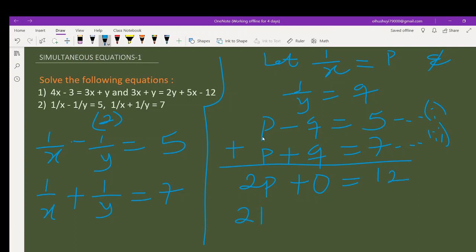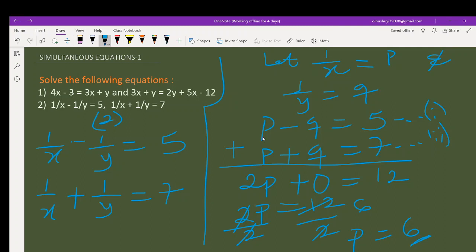Then 2p is equal to 12. Dividing both sides by 2, 2 cancels out 2. 12 divided by 2 is 6. So p is equal to 6. Now you see that? Sorted.